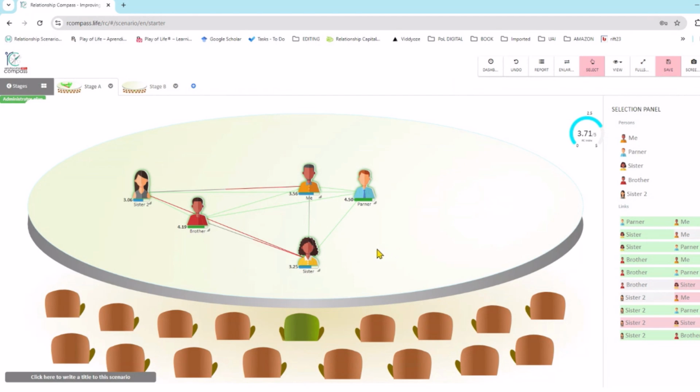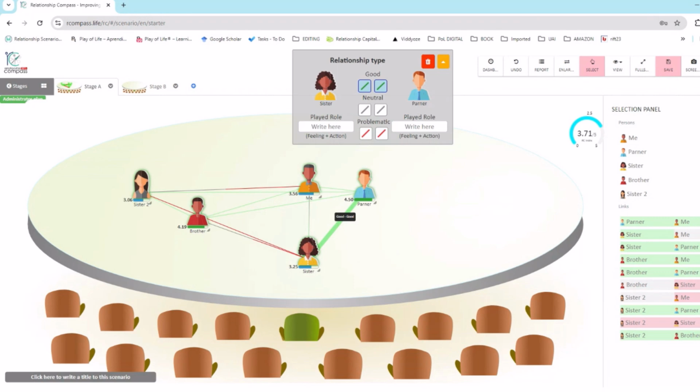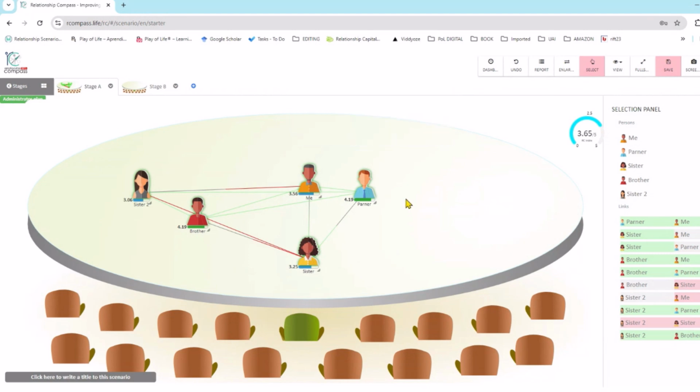Oh no, they don't really interact, except with sister one. Sister one. And how is that relationship? From my partner to the sister, neutral. From my sister to my partner, good. Good. So you can see we can choose that.